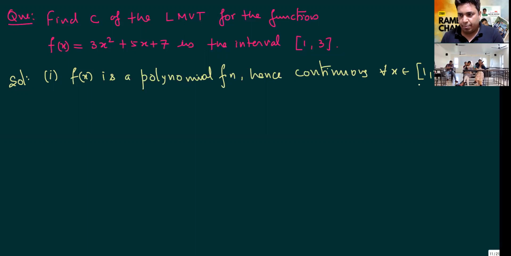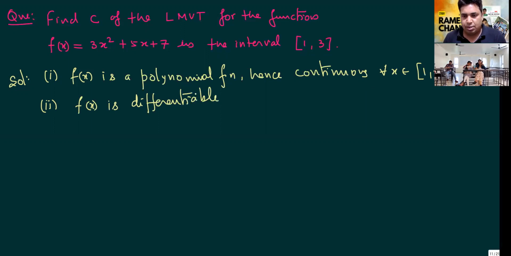Now, second, since f is a polynomial function, f(x) is differentiable for all x belongs to the open interval 1 comma 3.